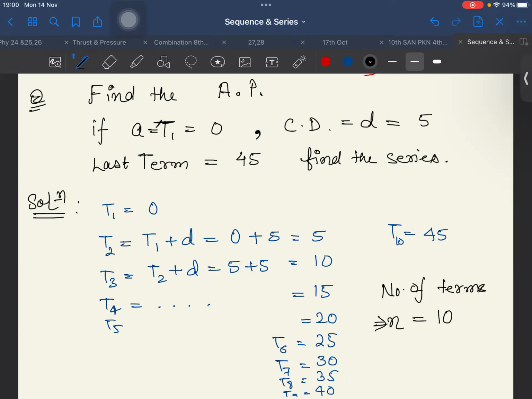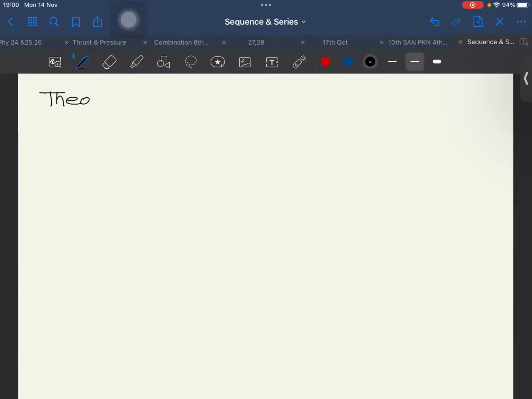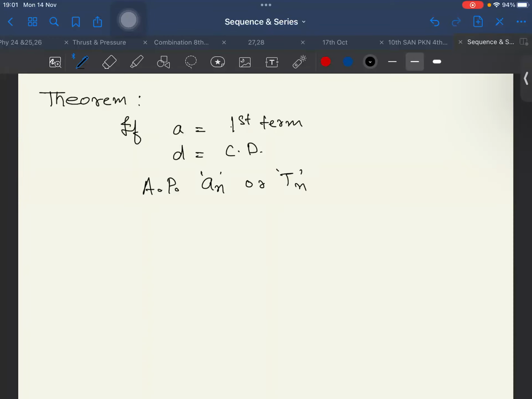So write a theorem. If A is the first term and D is the common difference, how can you form the AP? The AP is written as An or Tn. Both notations are used. I don't know which notation is used in NCERT.